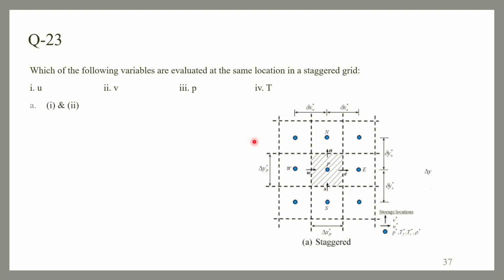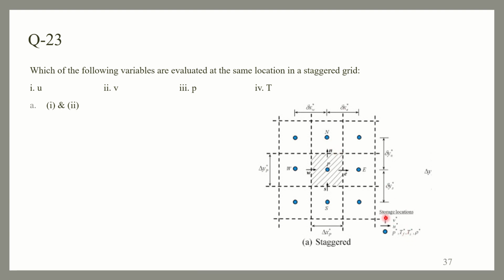So 3 and 4 are the right answer, because even though we calculate the velocity along the faces for the x and y velocity terms, you need to remember that the x component is along the x direction and the y component velocity is calculated along the y direction.